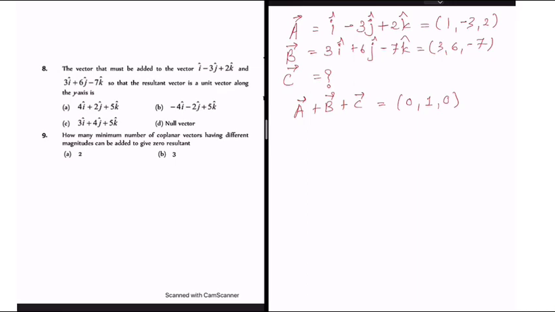Now what is A? First make C the subject of the equation. C is equal to 0, 1, 0 minus vector A minus vector B.